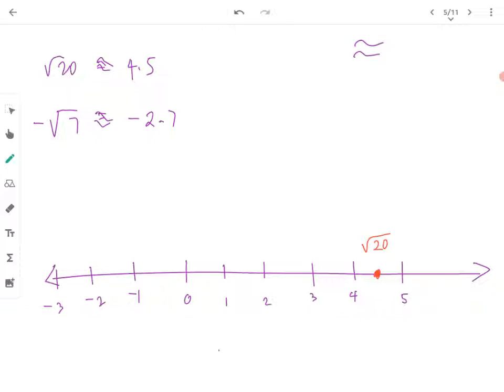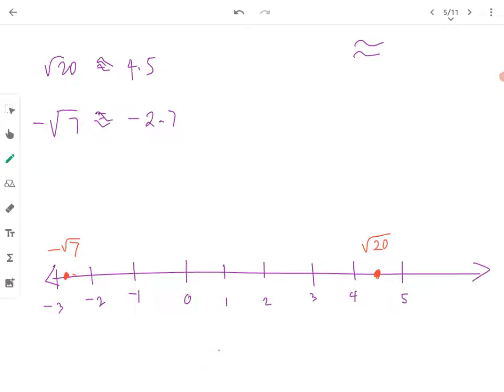It's 0.2 to the left of negative 2.5, the middle, so 2.7 is somewhere here. Let's label it with negative square root of 7. Make sure that when we look at the number line, the points and the labels are very clear.